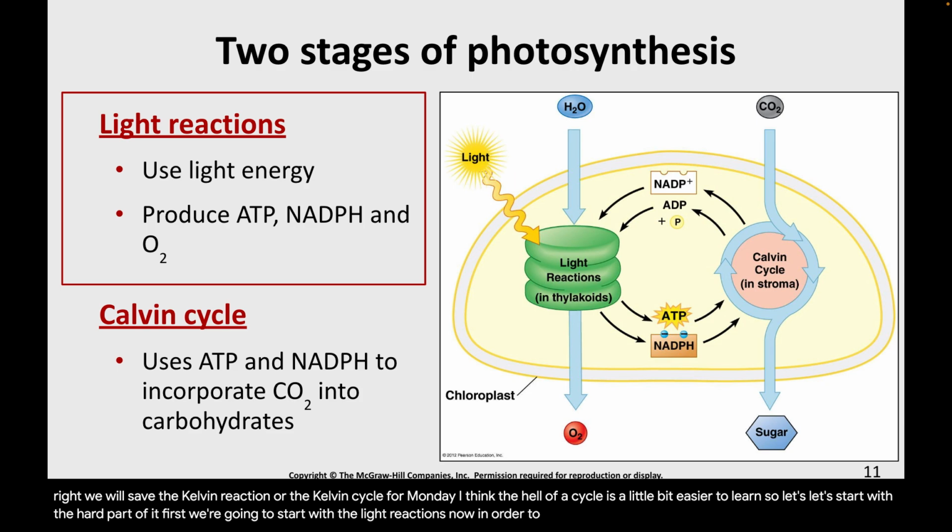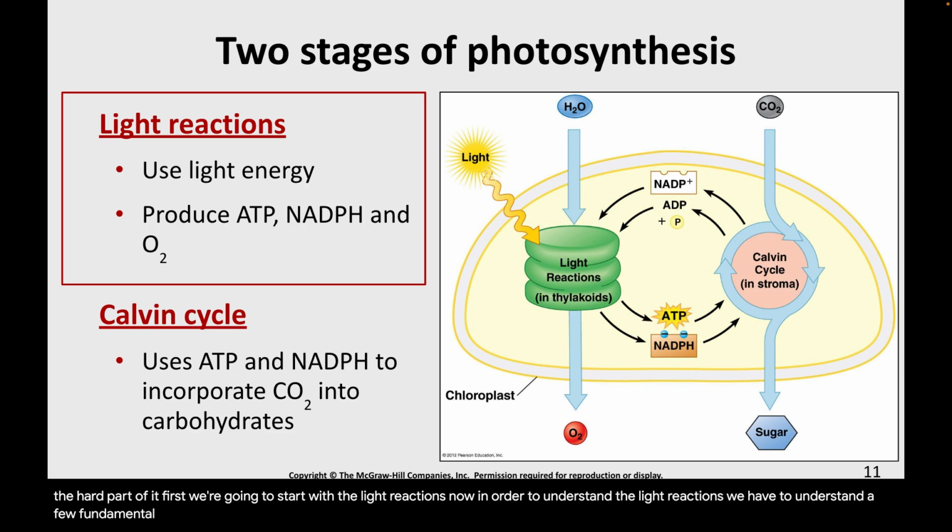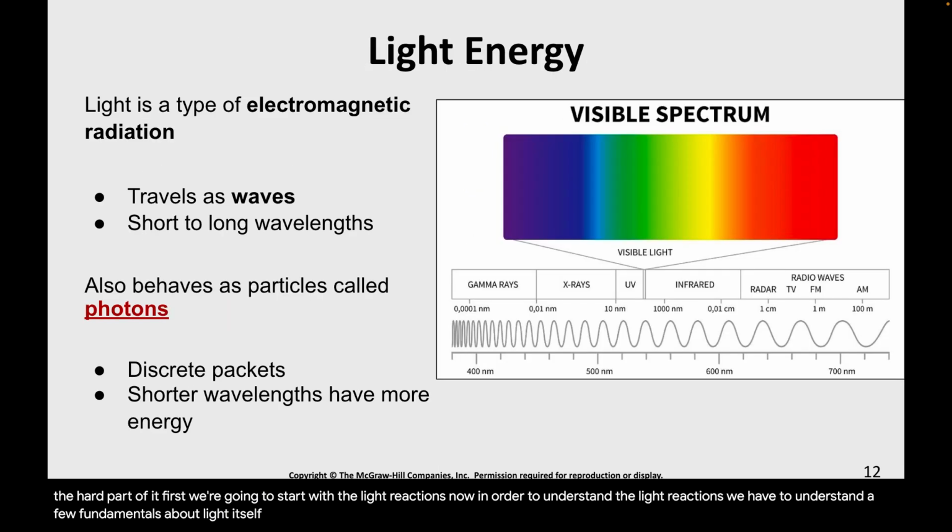Now, in order to understand the light reactions, we have to understand a few fundamentals about light itself. Light is a type of radiation, electromagnetic radiation. It's going to travel as waves, and those waves can vary from short to long wavelengths.